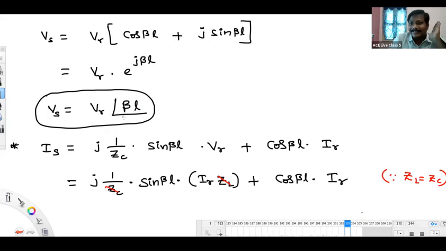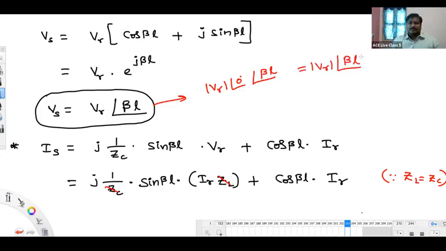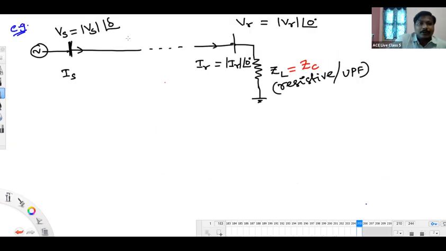It is VR at an angle beta L. Actually, that VR is mod VR at an angle 0 degrees, and again at an angle of beta L, so it will come to be mod VR at an angle of beta L. That's it. So your sending end voltage will be mod VR at an angle of beta L.